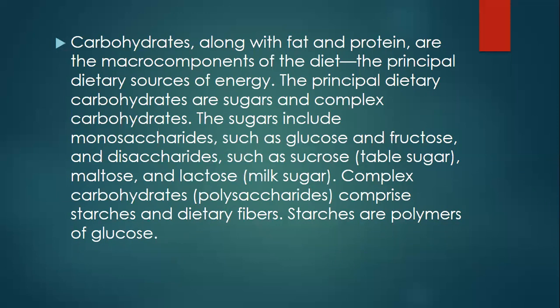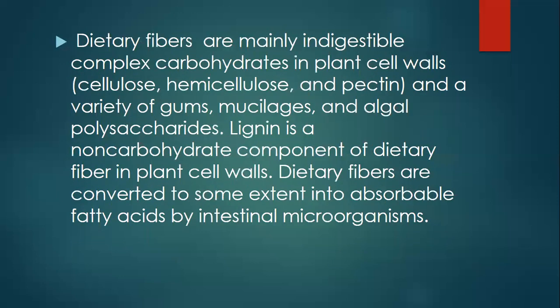And complex carbohydrates, or polysaccharides, for example, comprise starches and dietary fibers. Starches are polymers of glucose. Dietary fibers are mainly indigestible complex carbohydrates in plant cell walls, for example, cellulose and pectin, and a variety of gums, mucilage, and algal polysaccharides.